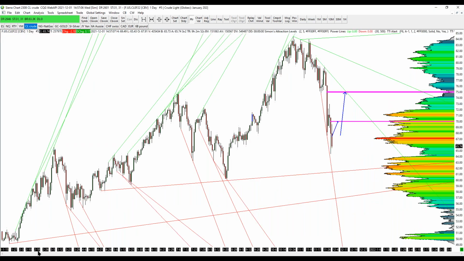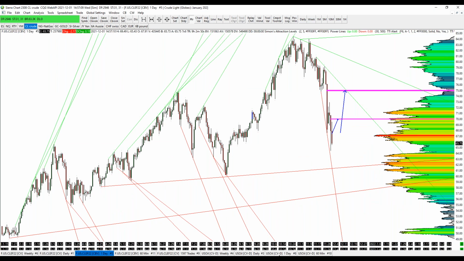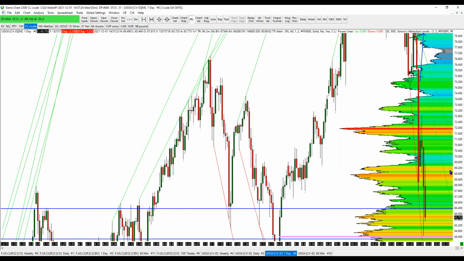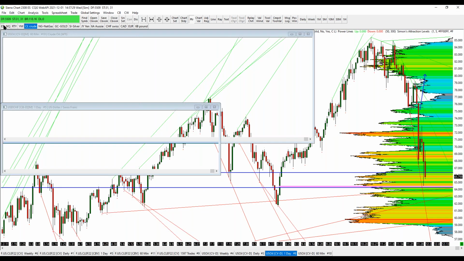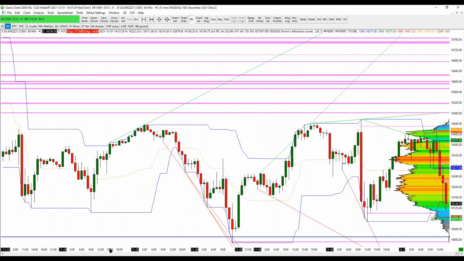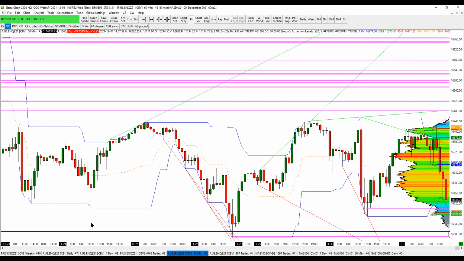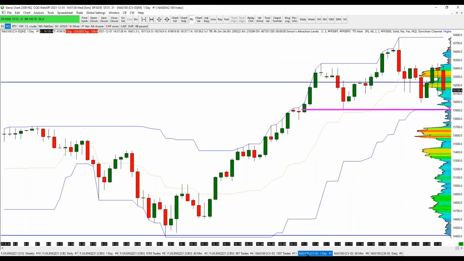For example, here's the crude, and believe it or not, I look at crude because I'm a Canadian, so I can trade the crude in two different markets, not only the futures market but also the spot market, which is CFD. Same thing with the NASDAQ. I can trade the NASDAQ with futures, and I can trade it as NAS 100, which is a CFD.